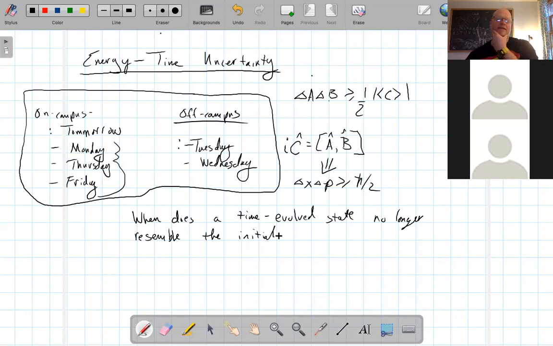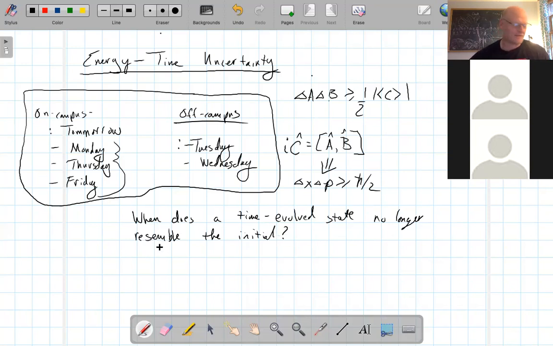Basically meaning that it has evolved enough that it no longer looks anything like its original state. So the energy time uncertainty relation comes in from when the time evolved state no longer resembles the initial state.